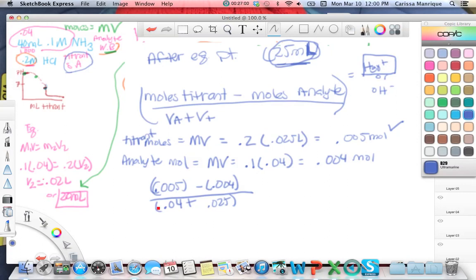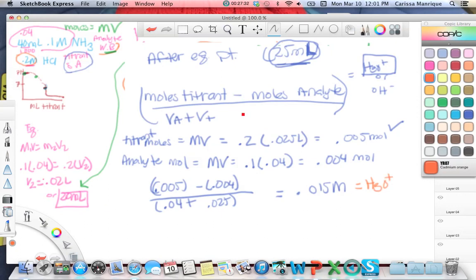So I have 0.005 minus 0.004 in parentheses, divided by 0.04 plus 0.025 in parentheses, and I get 0.015 molar. What do we say this equals? This equals H3O+, which is great.